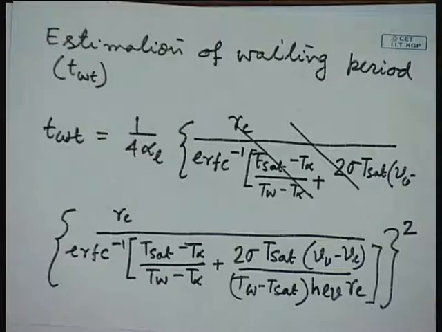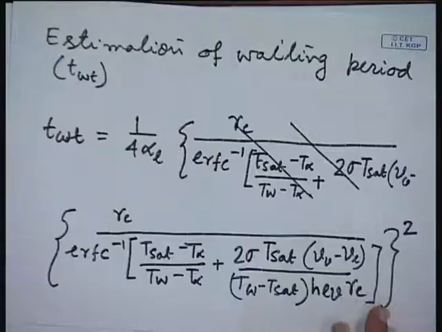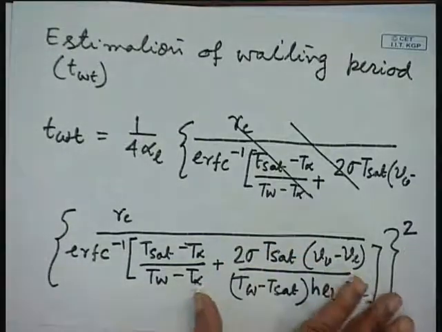Okay. Now, it is a very tedious way of matching these two equations and then finding the waiting period, but one can get the waiting period by this particular equation. There could be a simplified equation for the waiting period also. Let me write this.